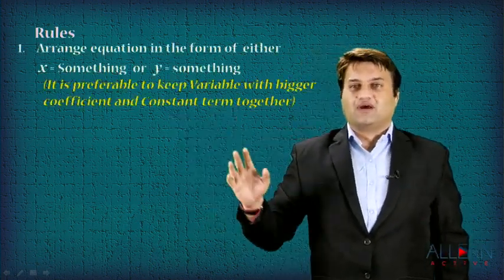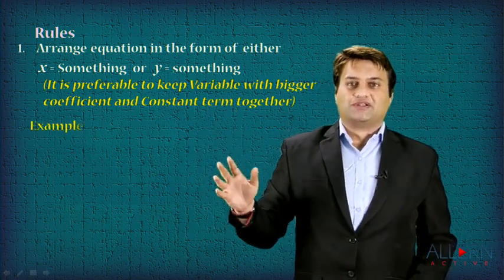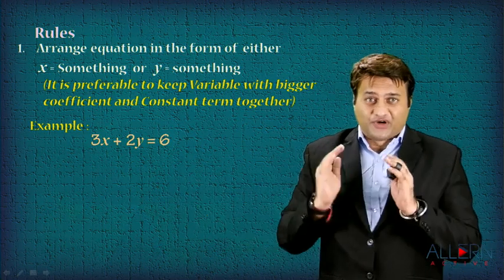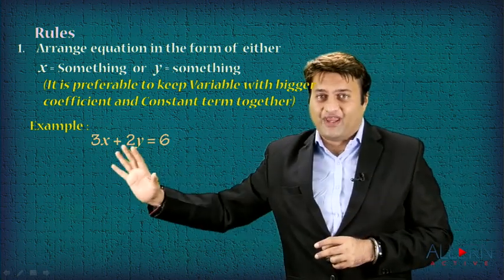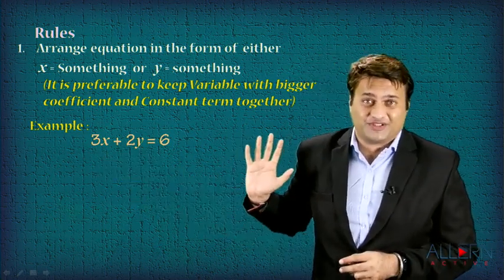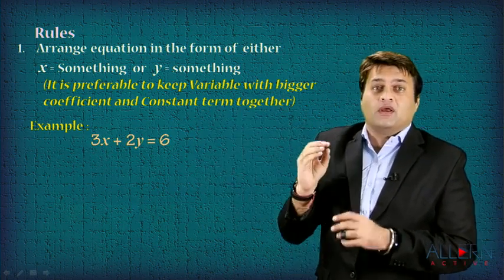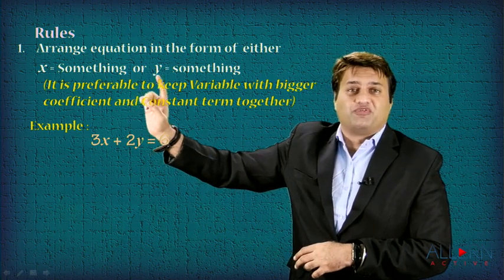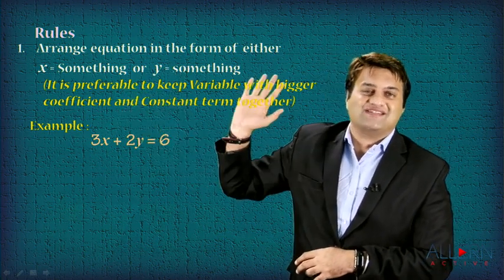How do we approach a sum based on graph? Now see, you will be given a linear equation like, for example, 3x plus 2y is equal to 6. So the first thing is we need to find the values of x and y which satisfy the given equation. To do that, the first thing we advise is to write the equation in the form of either x is equal to something or y is equal to something.